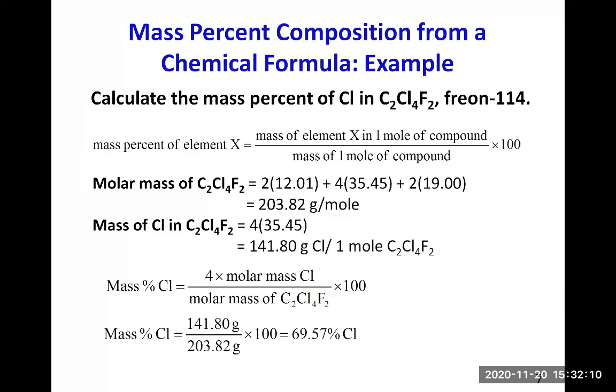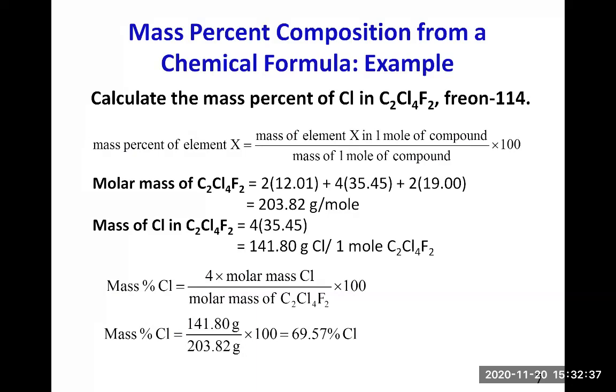Molar mass of the compound is 203.82 grams, multiplied by 100. If you do that in your calculator, 141.80 divided by 203.82 times 100, the calculator answer is 69.57119, etc.